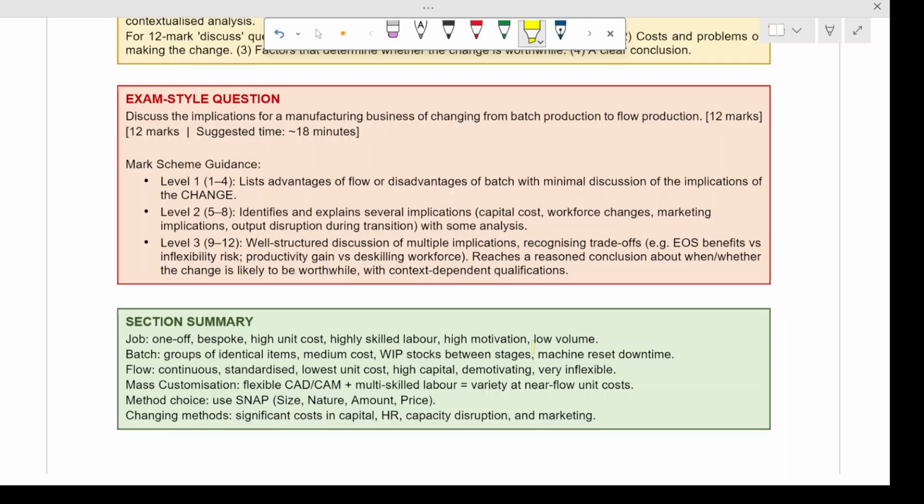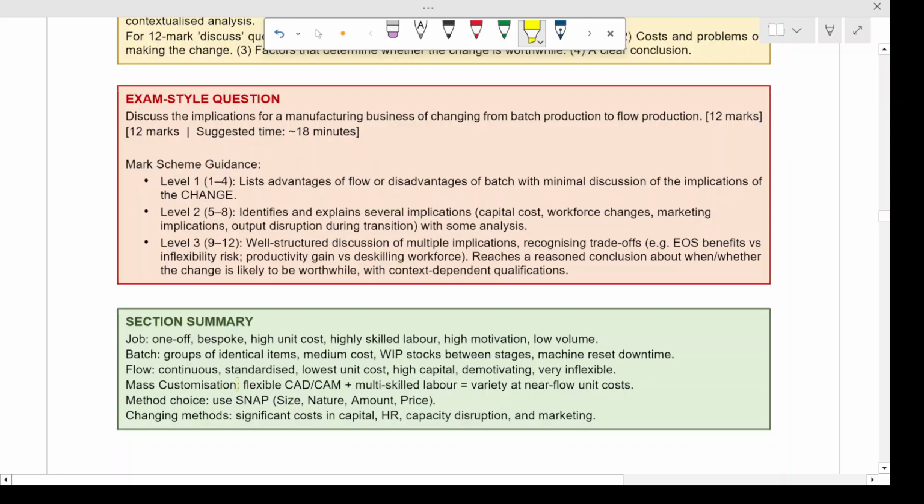It is medium cost because it is not a lot of cost, but it is not negligible cost either. Work in process stocks between stages are stuck, and machine reset leads to downtime. Flow is continuous, standardized, has the lowest unit cost, but requires high capital. It is demotivating to the employees, and it is incredibly inflexible.